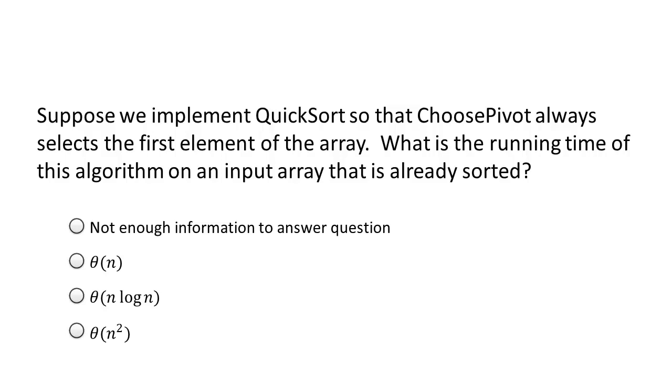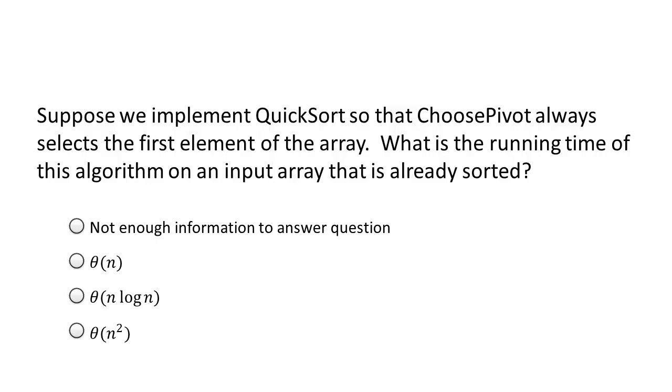Suppose that's how we implement the choose pivot subroutine, and moreover, suppose that the input array to quicksort is an array that's already in sorted order. So for example, if it just had the numbers 1 through 8, it would be 1, 2, 3, 4, 5, 6, 7, 8 in order. My question for you is, what is the running time of this recursive quicksort algorithm on an already sorted array if we always use the first element of a subarray as the pivot?